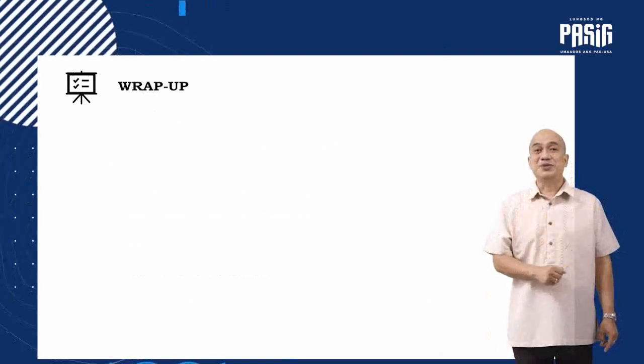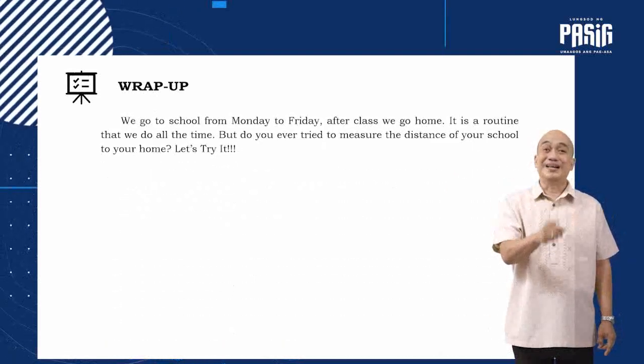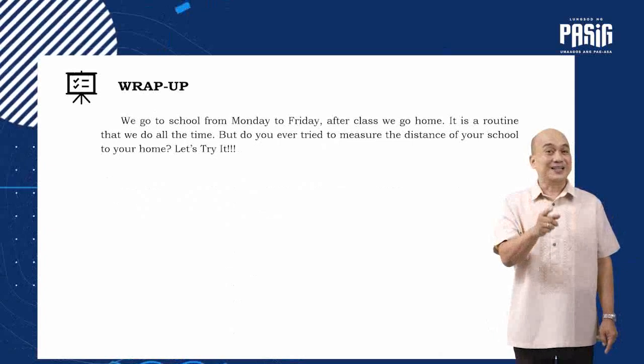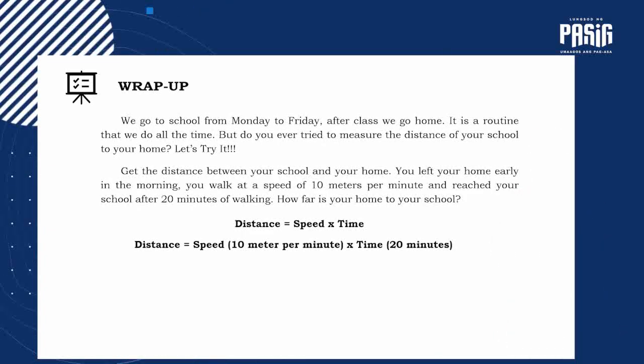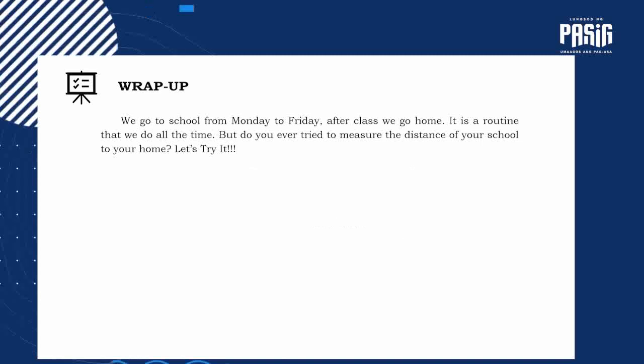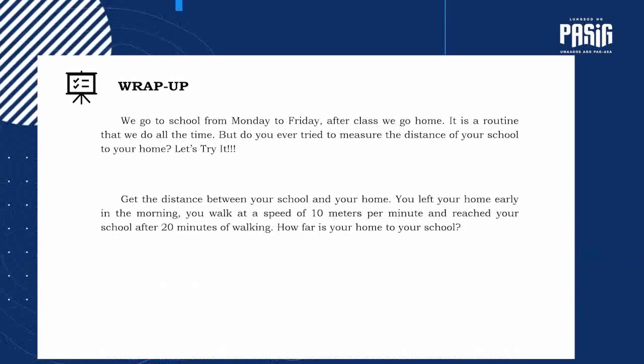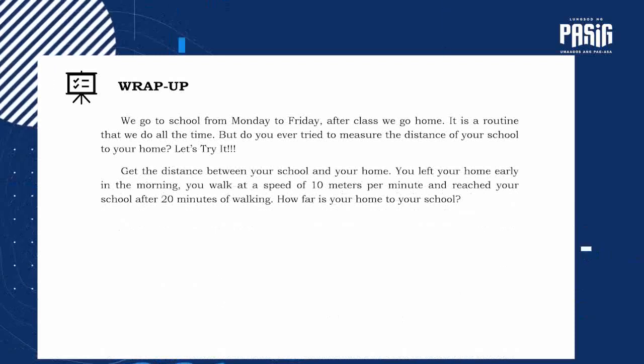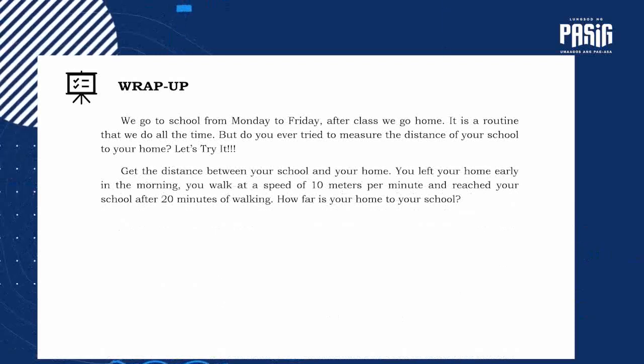Now, for our wrap-up, children, we go to school from Monday to Friday. After class, we go home. It is a routine that we do all the time. But do you ever try to measure the distance from your school to your home? Let's try it. Get the distance between your school and your home. So you left your home early in the morning. You walk at a speed of 10 meters per minute and reach your school after 20 minutes of walking.